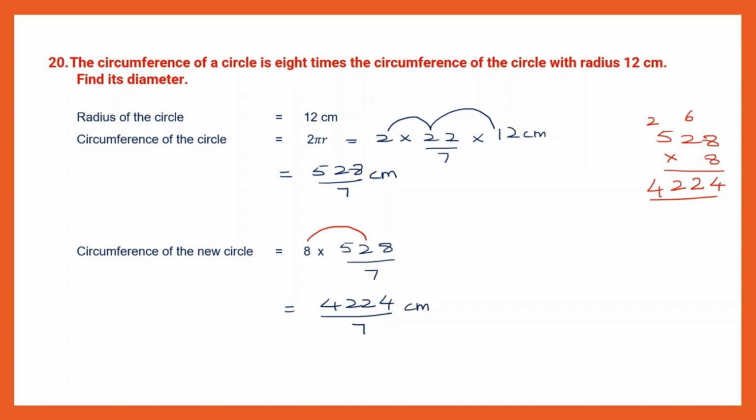Now our main question here is to find the diameter of this circle. So let's continue with this. We need to find the diameter, but before that we have to find the radius, and the formula to find the radius is circumference divided by 2 pi. The circumference we found out to be 4224 by 7 centimeters divided by 2 into pi, and pi is 22 by 7.